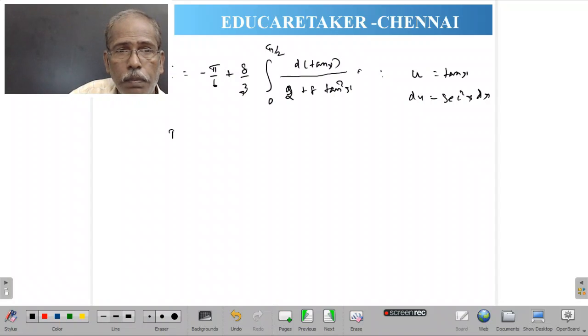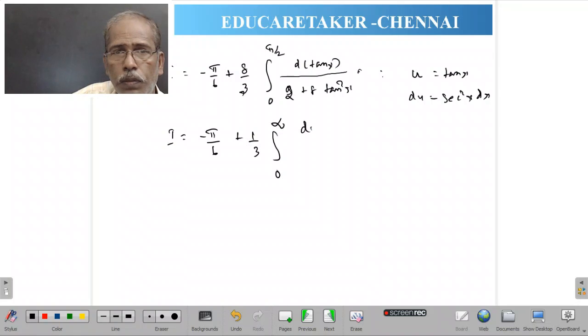So I will be equal to minus pi by 6 plus, we can take 8 outside, and 8 and 8 cancel, 1 by 3, integral from 0 to infinity du by (1 by 4, that is 1 by 2 the whole square) plus u square.